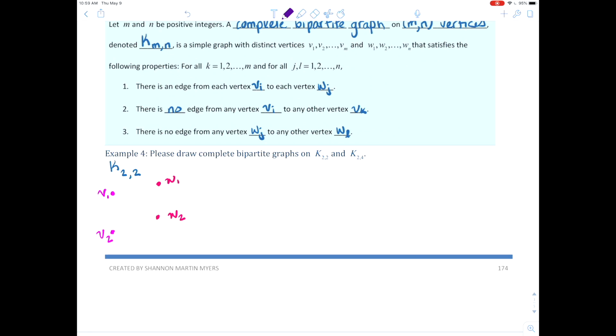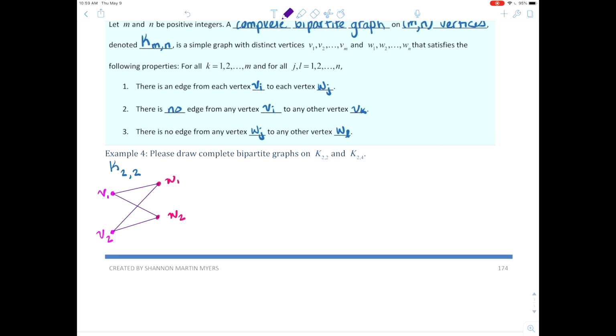And so you end up with each of the v's connecting to each of the w's and vice versa, since they are not directed. Okay? Good so far?